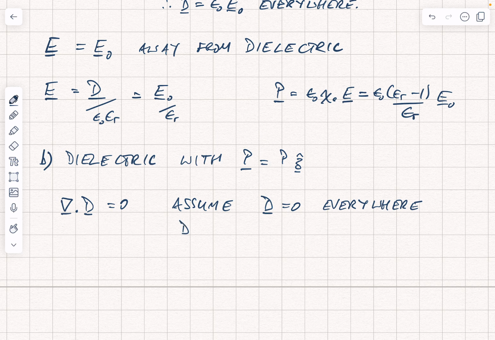Having assumed that, we can deduce that E must therefore equal minus P divided by epsilon naught inside the dielectric.